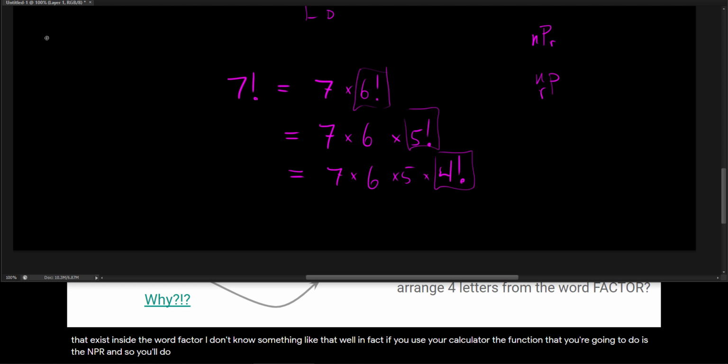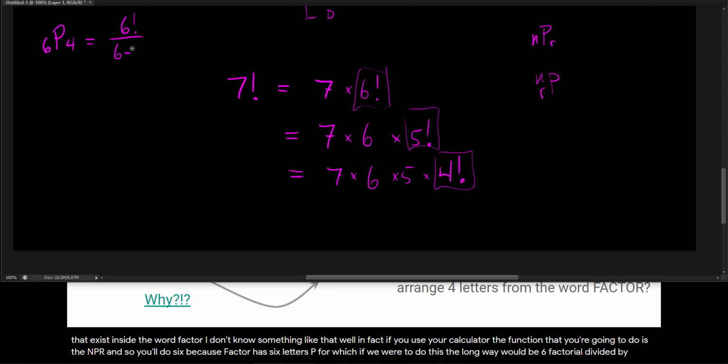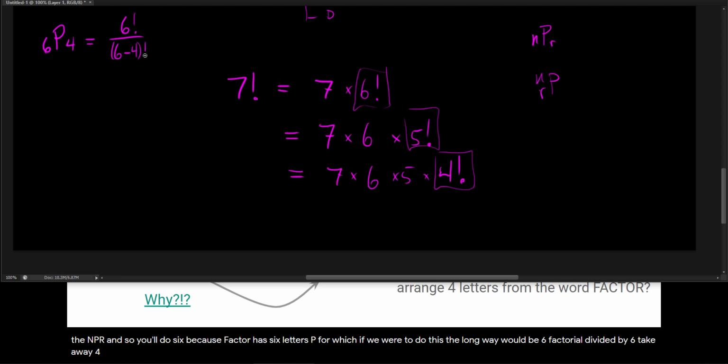6, because factor has 6 letters, P4, which, if we were to do this the long way, would be 6 factorial divided by 6 take away 4 factorial, which is 6 factorial divided by 2 factorial. 2 factorial is just 2.